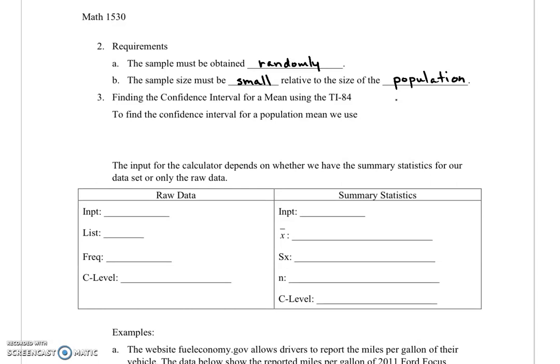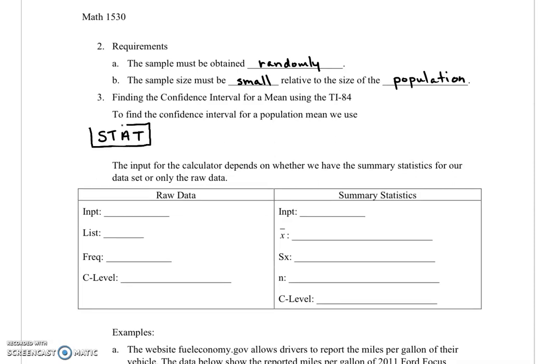We'll just quickly go over what the calculator wants in this video, and then in the next video, we'll actually do some examples.